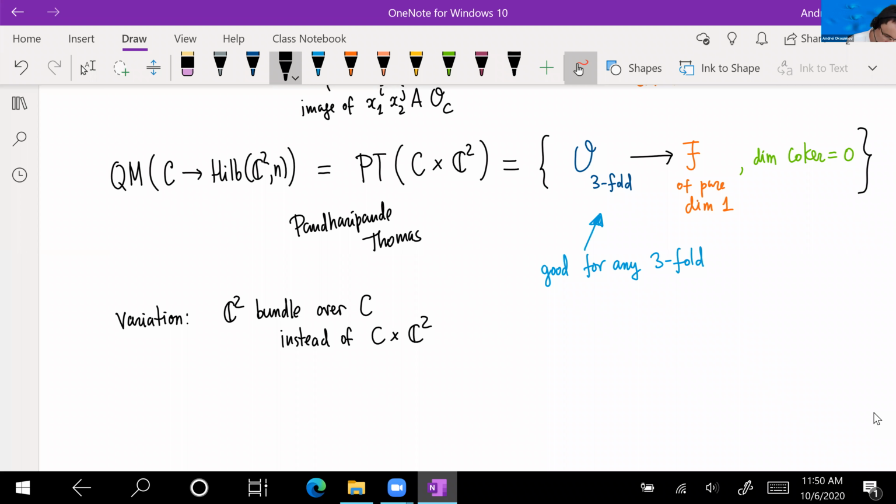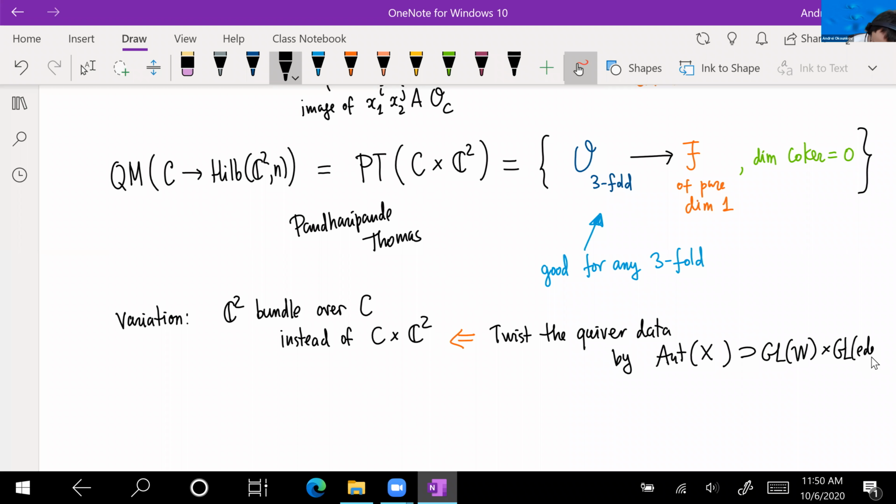The idea would be that you can twist the quiver data further by automorphisms of X that contain this GL_V cross GL_W cross this C star.